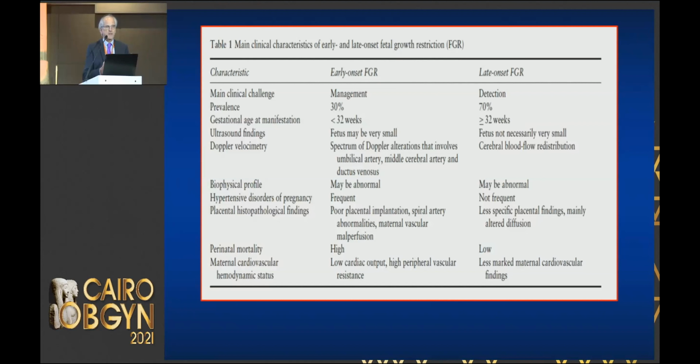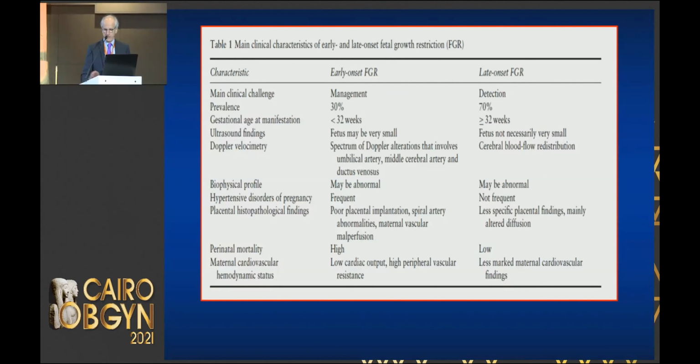And therefore, you have a mirror picture in the placenta. You see histological abnormalities in early fetal growth restriction quite commonly, whereas they are less specific in late fetal growth restriction. Perinatal mortality is high in early fetal growth restriction, either intrauterine fetal death or mortality due to severe premature delivery. And it's low, of course, but there is an increased stillbirth rate in late fetal growth restriction.